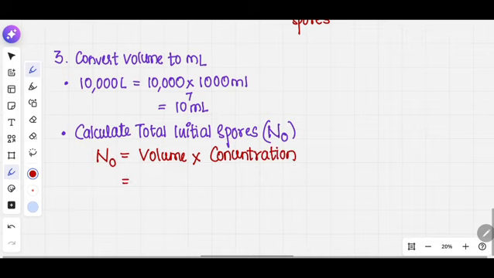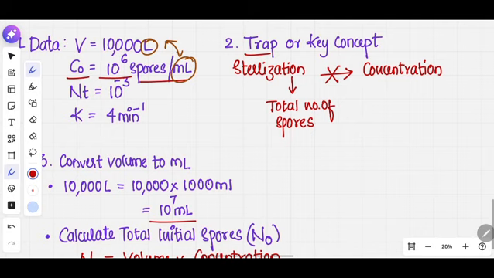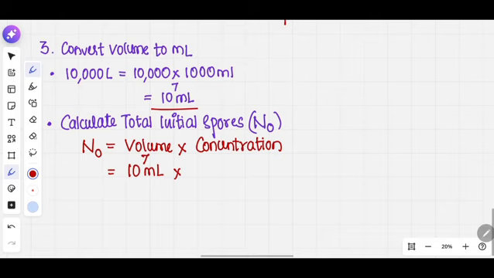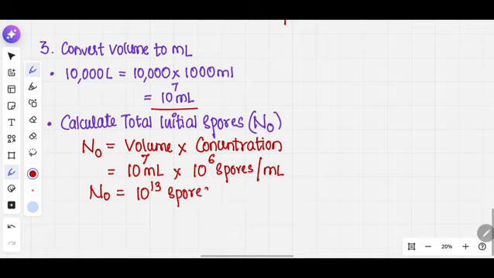The volume we have just got is 10 to the power of 7 milliliters, into the concentration of spores, which is already given: 10 to the power of 6 spores per milliliter. So finally we get 10 to the power of 7 plus 6 plus 6 is 12, add 1, which is 13 spores. Why? Milliliter and milliliter will get cancelled.